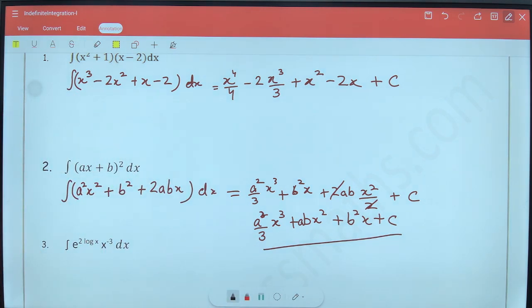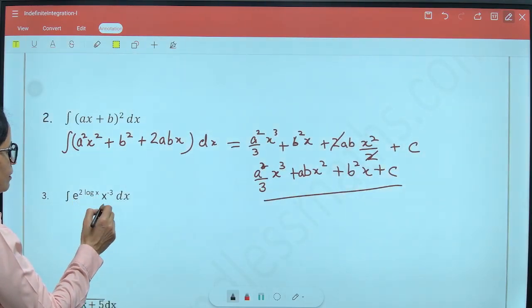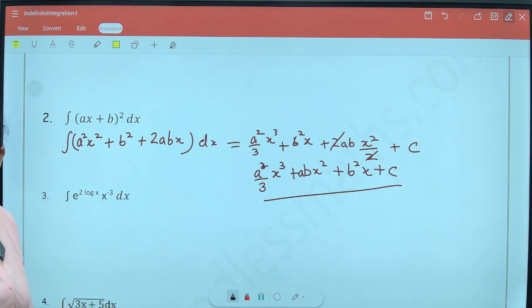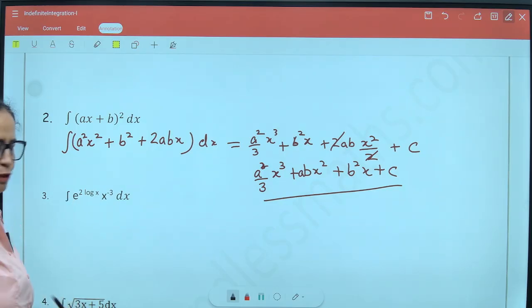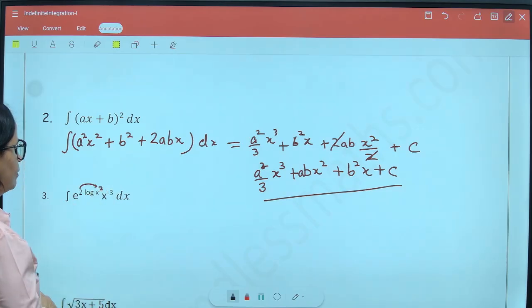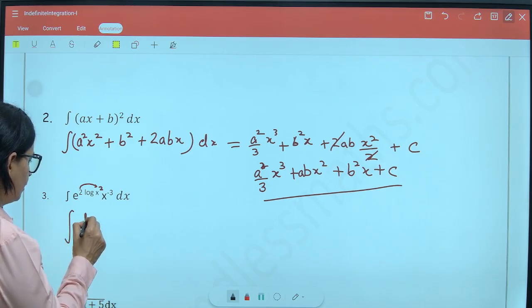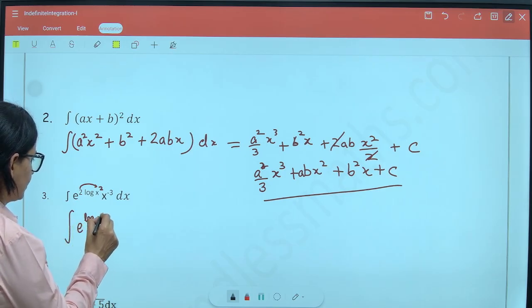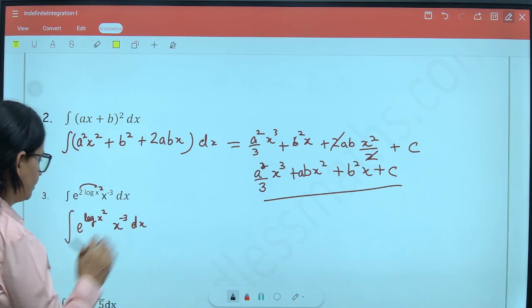Easy? Next is the integral of e to the power 2 log x, times x to the power minus 3 dx. How do we integrate this? Here we need to use the property of log. So this 2 goes as an exponent to this x, and it becomes e raised to the power log of x square multiplied by x to the power minus 3 dx.